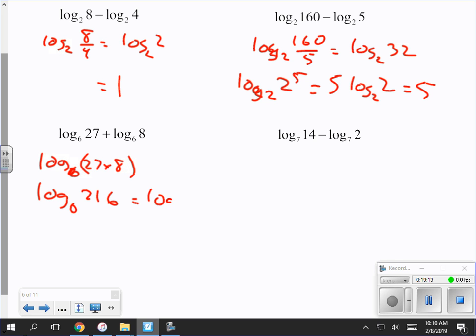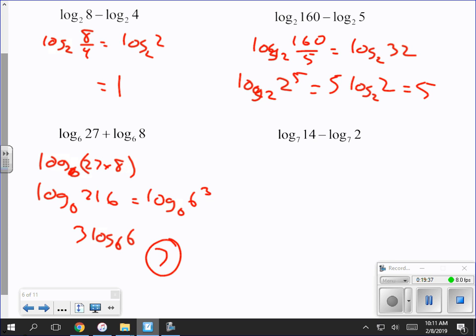So this is log base 6 of 6 cubed. Bring down the 3: 3 log base 6 of 6. And the log base 6 of 6 is 1. So I get 1 times 3, which is 3.